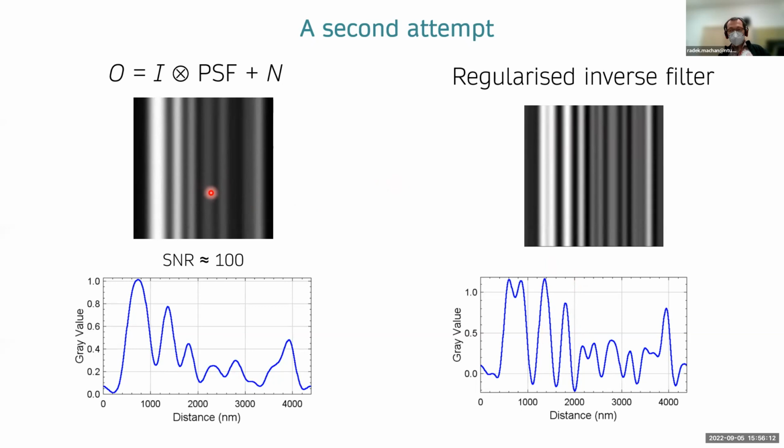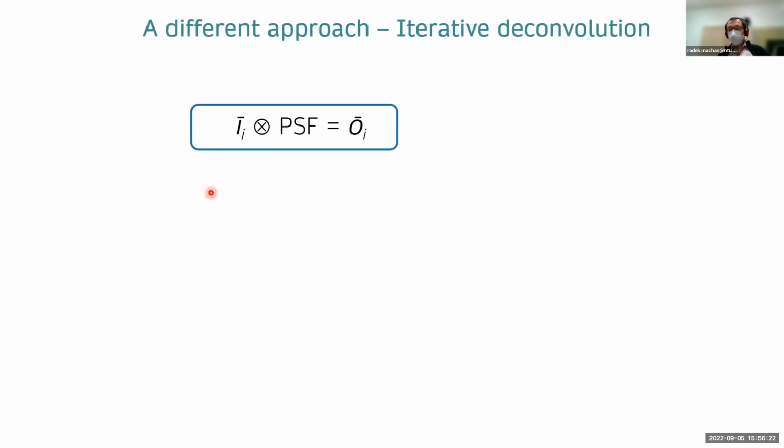But usually microscopy image deconvolution is done by a different approach, which is iterative deconvolution. That is based on taking some guess of the ideal image and doing a convolution with the point spread function.